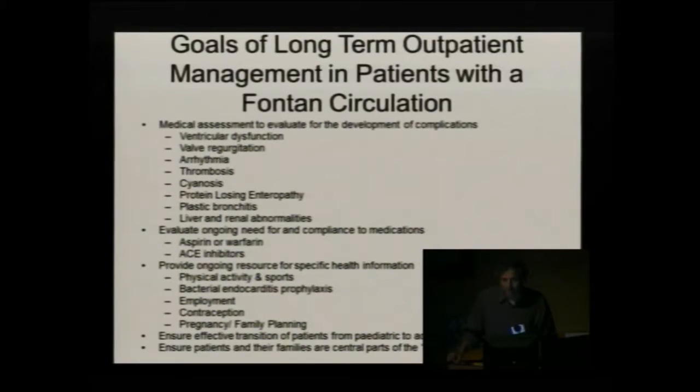And that might be around things such as physical activity and sport, the need for antibiotics around the time of other surgery or dental work, resource for information for the types of employment that could be undertaken, or any other specific adjustments that are required for employment, and contraception, pregnancy and family planning advice.